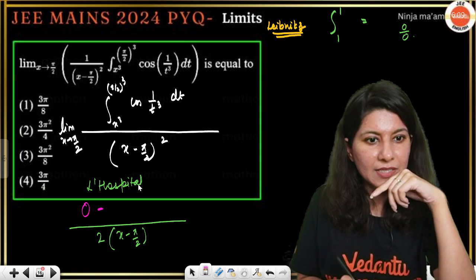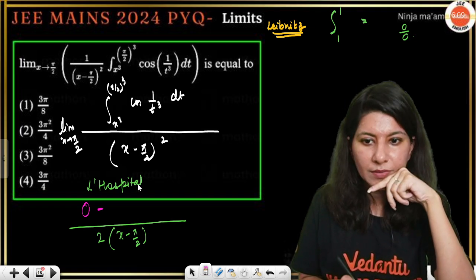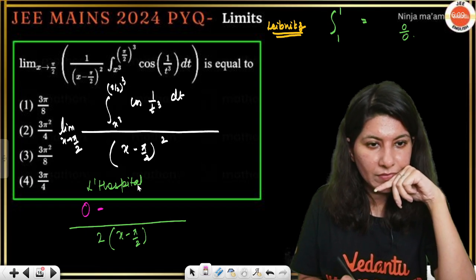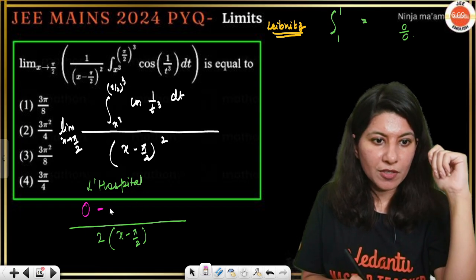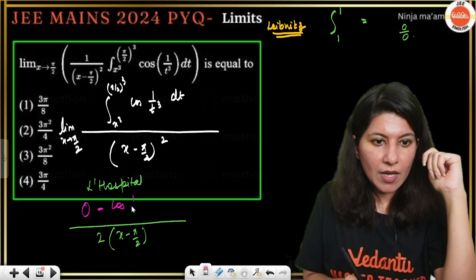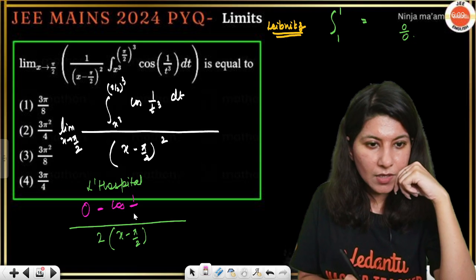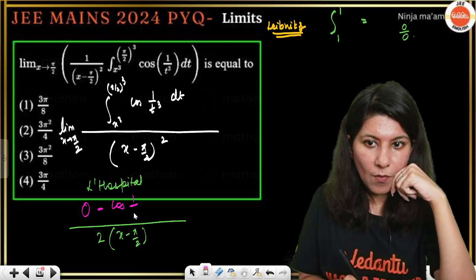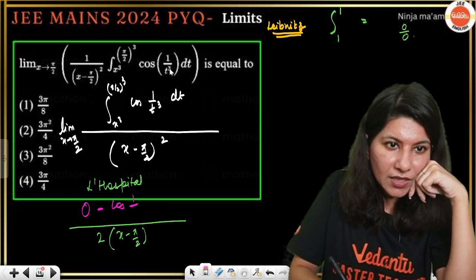t will be replaced by, so cos of 1 upon, cos of 1 upon t cube is written, right? So it will become, actually this should be 1 by t cube.